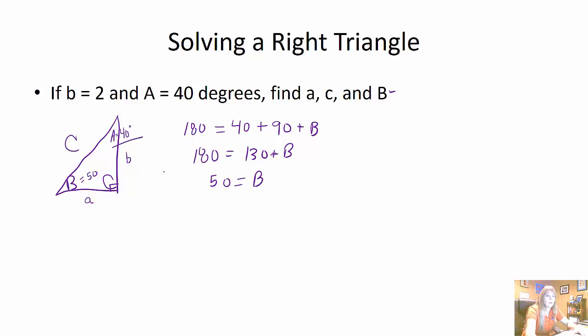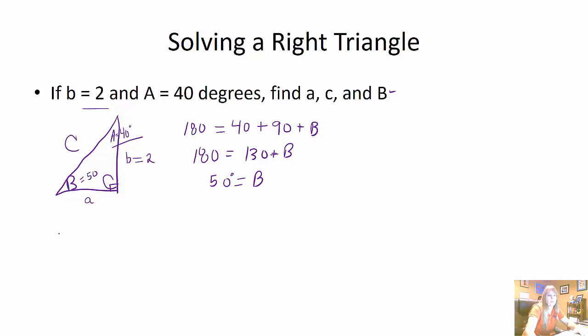Now what I could do is, you typically like to use the angle that's given, because possibly we could have made a mistake here. I almost subtracted some stuff, right? So I'm going to look at the 40 degrees angle, and I know little b is 2, because that's given.